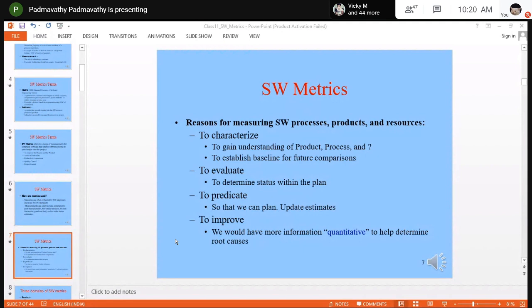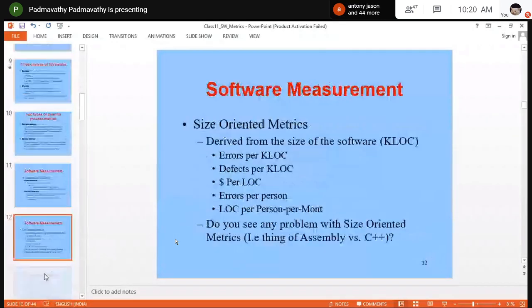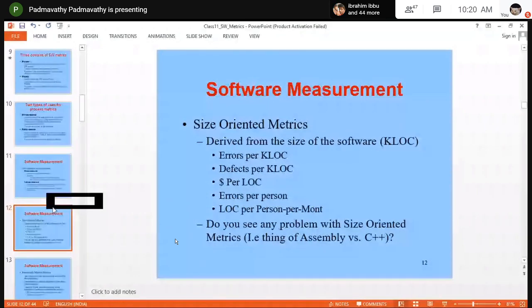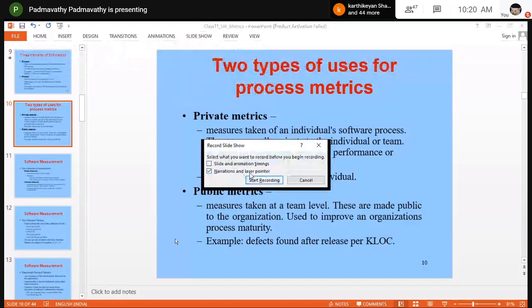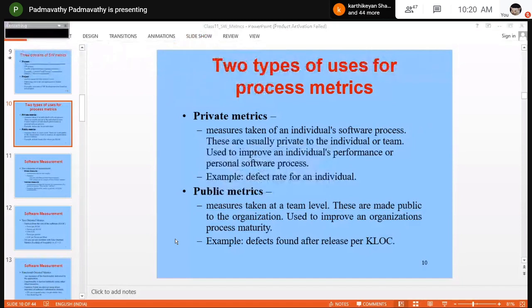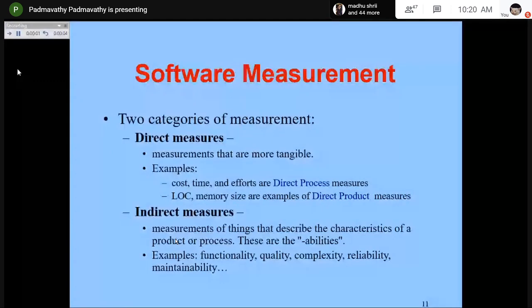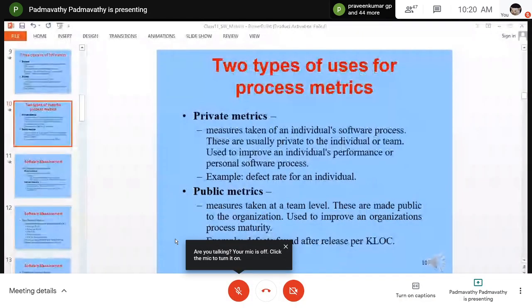Okay, so the project metrics, as I told you, are the measures of a software project, and they are used to monitor and control the project.